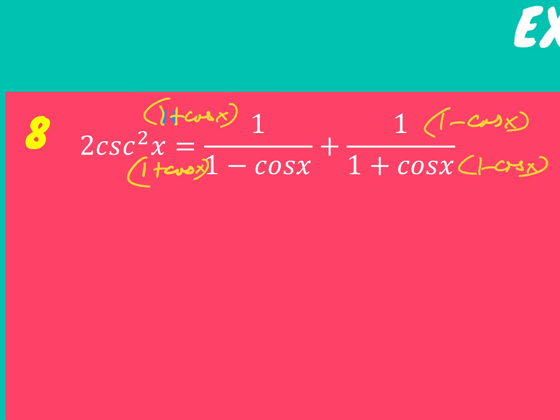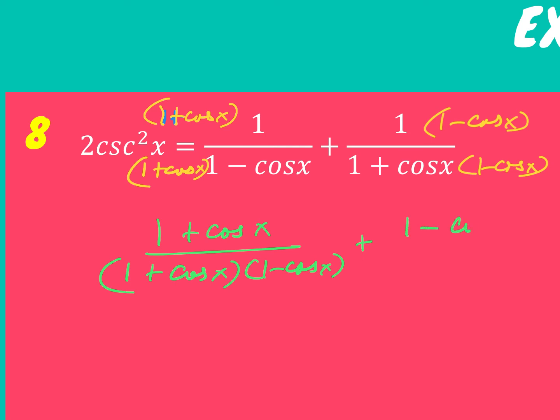So once I multiply it by 1, I now get, let's see if green shows up better. Good. So 1 plus cosine x over both of them, 1 plus cosine x times 1 minus cosine x.